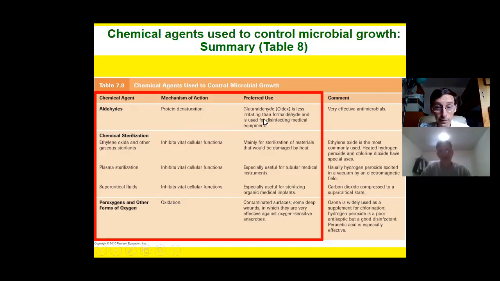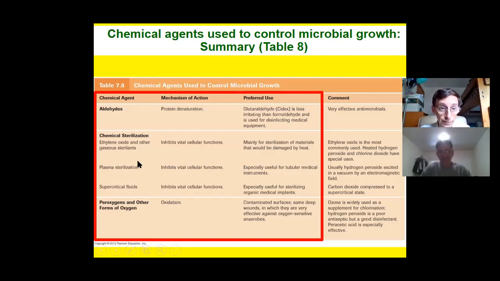Some of these can also be used to preserve tissue: you put tissue in formaldehyde and it will stay for many years. I'm not sure how long it lasts, but specimens have certainly been preserved for decades in formaldehyde. Any question about formaldehyde or glutaraldehyde?